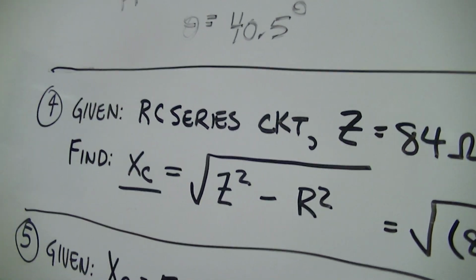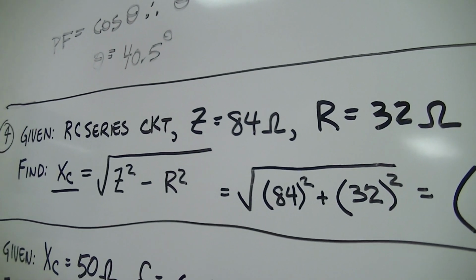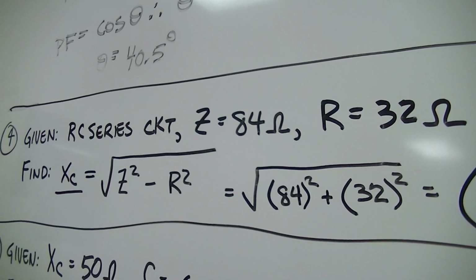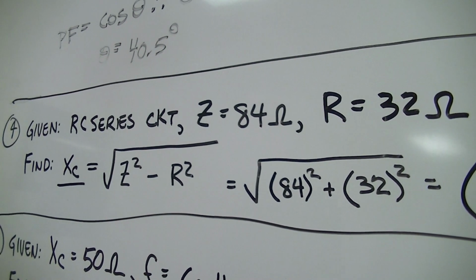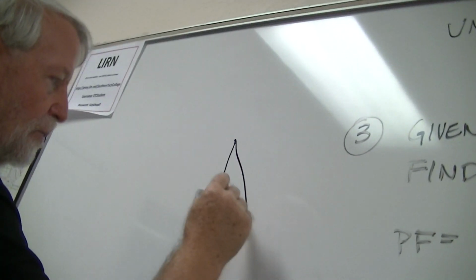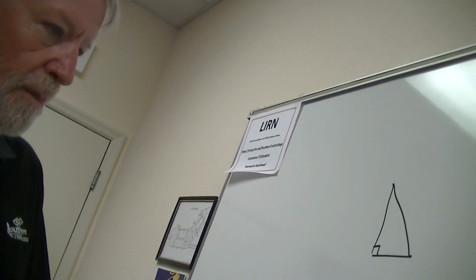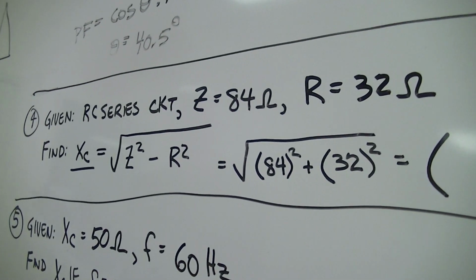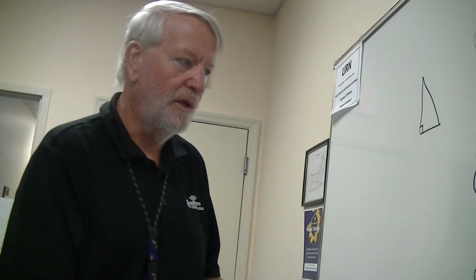But because this is a series circuit, the relationship is much simpler. The relationship that we're talking about here is the Pythagorean Theorem, and we're comparing ohms to ohms to ohms. Again, in a series circuit, they all add, but in this case they add vectorially.